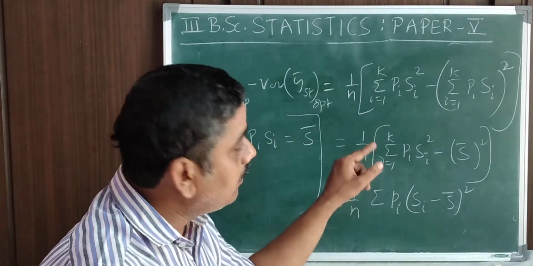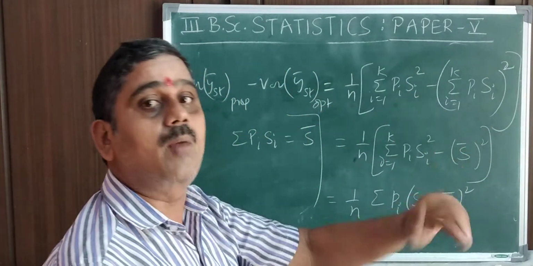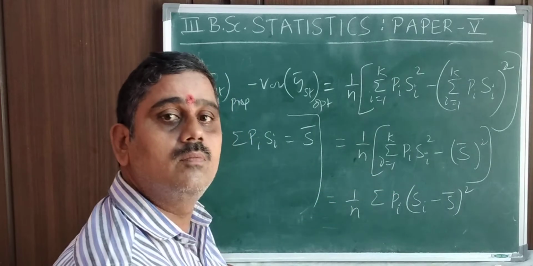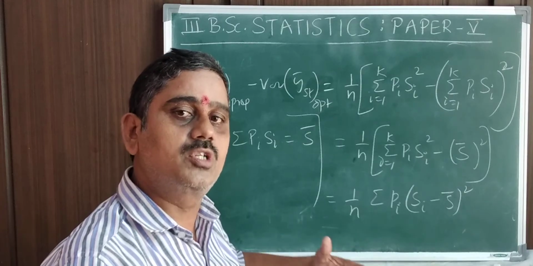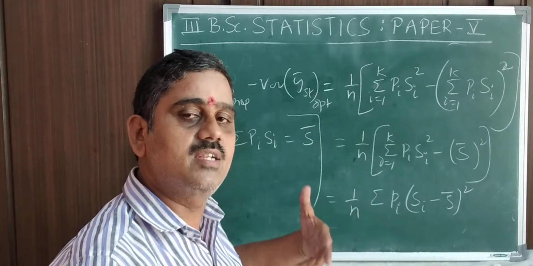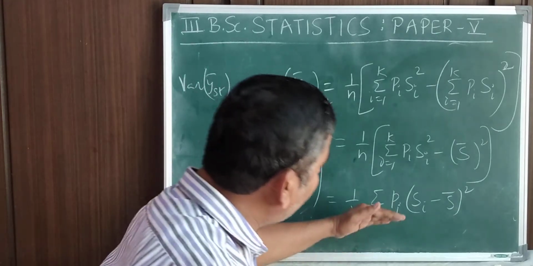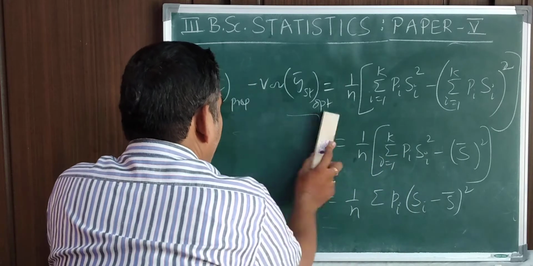What is capital N there? In pi we have small n i by capital N. If you take that particular term, this will be true. In that fashion, 1 by n summation xi minus x bar whole square can be written as 1 by n summation xi square minus x bar whole square. If you have any doubt, you can come back with the comparison.